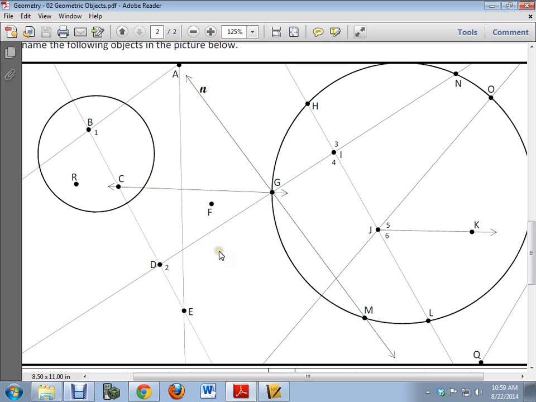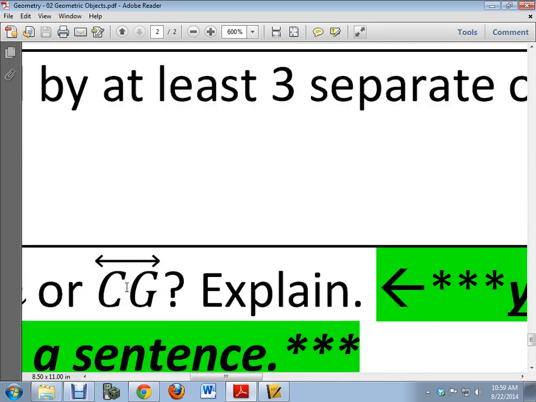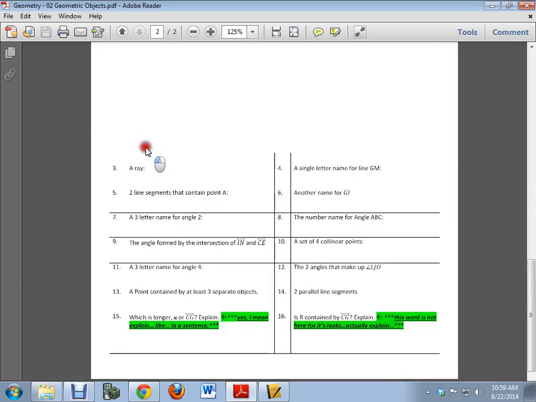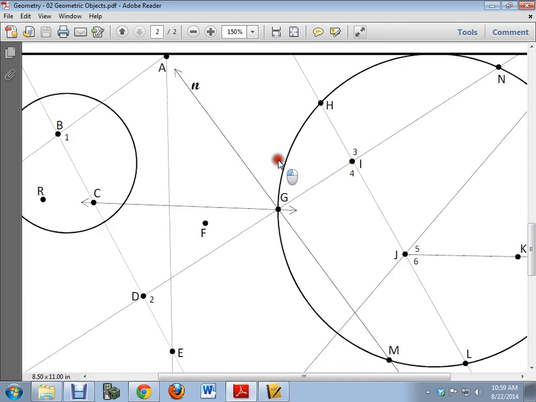And the only way to be able to tell that is by looking at the way that it's written. It is asking me to find CG, and it has a little actual line with arrows above it. So it is referring to CG, the line. Now, even though in the picture CG is clearly shorter than line N, they both go on forever, and therefore they are the same length.